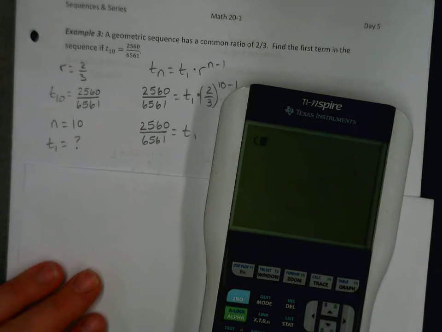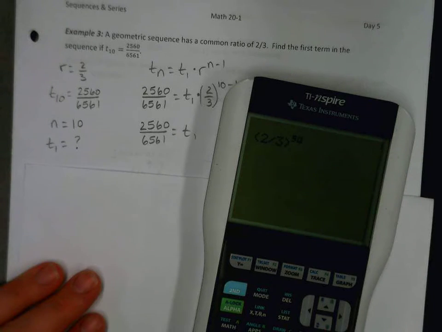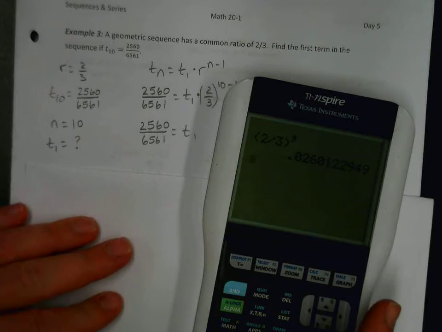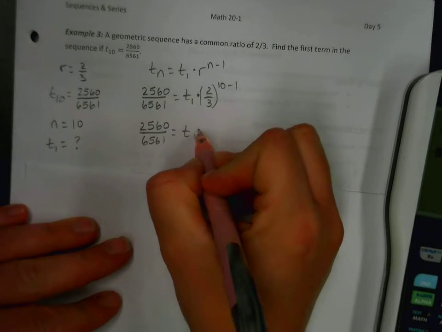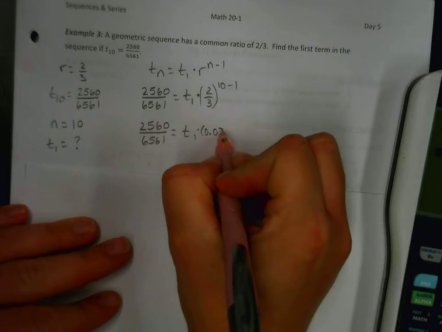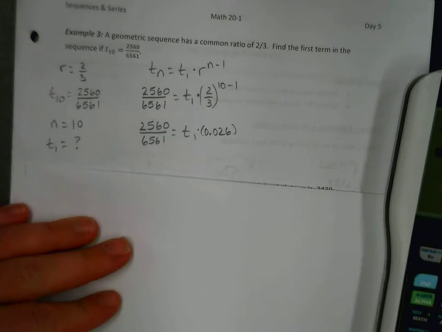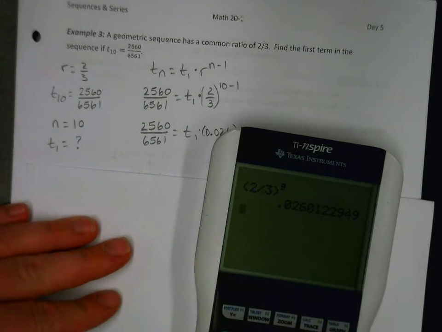So I'm going to take 2/3 to the power of 9, because 10 minus 1 would be 9. And I get this decimal, 0.026. So I'm going to just write this as a rounded value in my work here, but I'm going to keep this answer in my calculator.